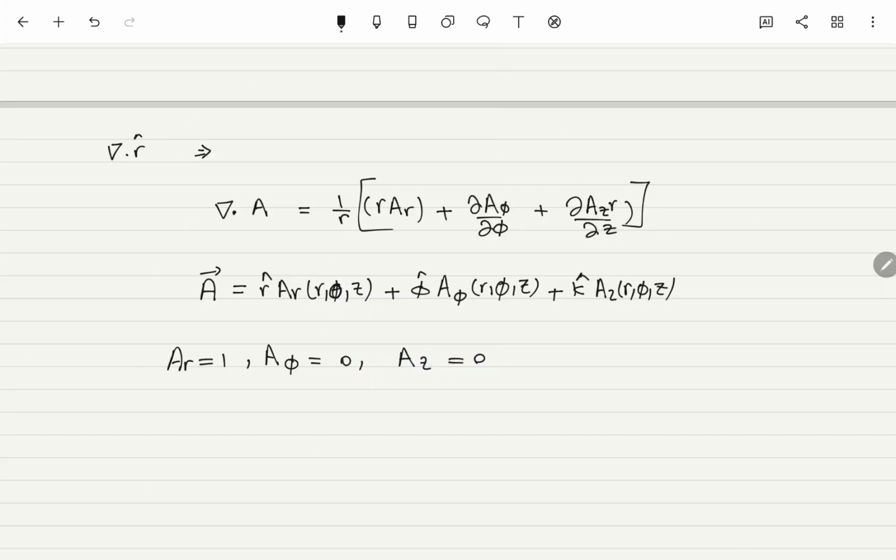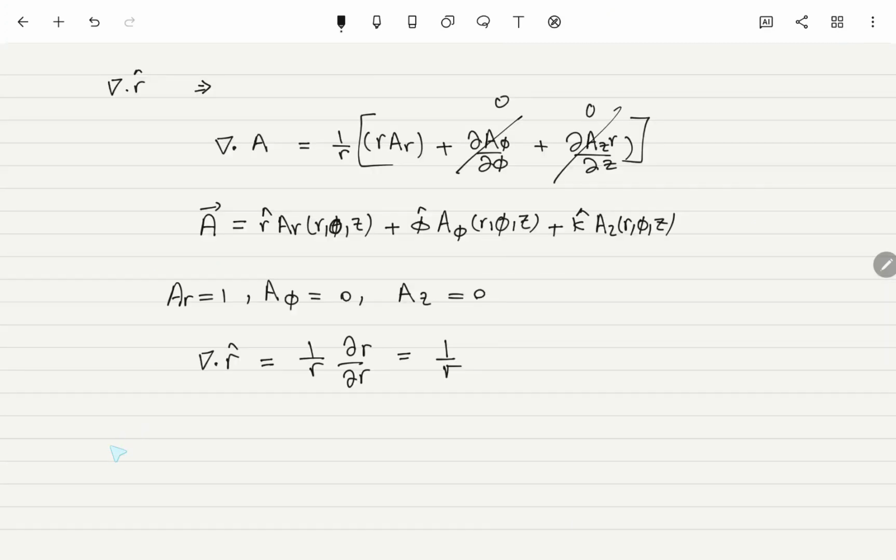So from the divergence definition right here, with A_phi 0 and A_z 0, we end up with the divergence of r hat equal to 1 over r, partial r, and A_r, remember it's 1. So the answer will be 1 over r.